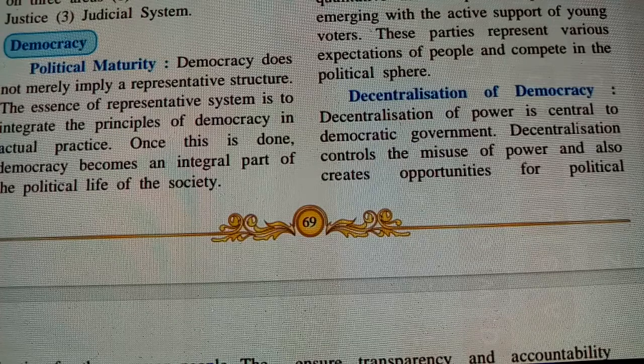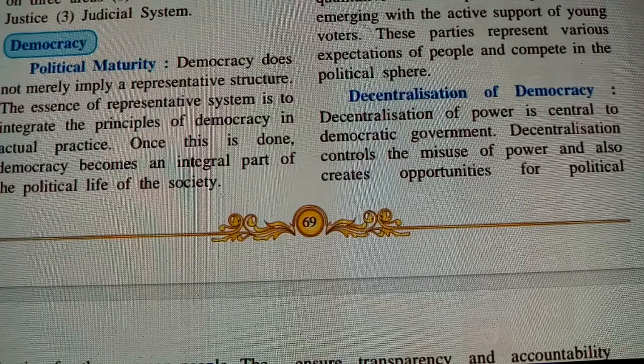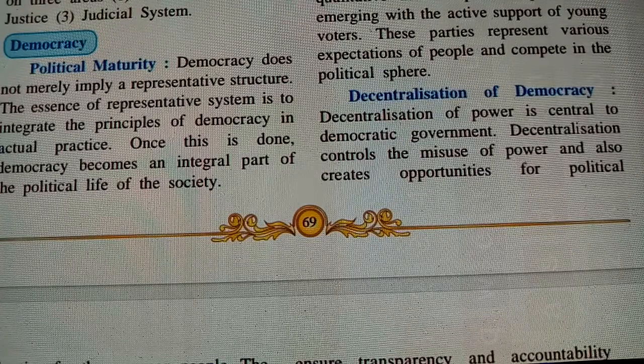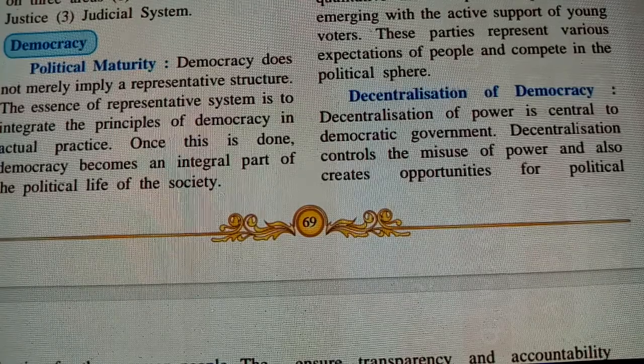These people also have different powers to take decisions in the country. Decentralization of power is central to democratic government. Decentralization controls the misuse of power and also creates opportunities for political participation.